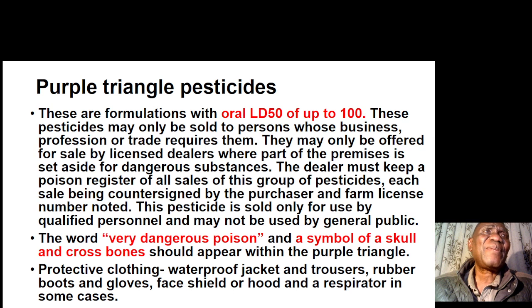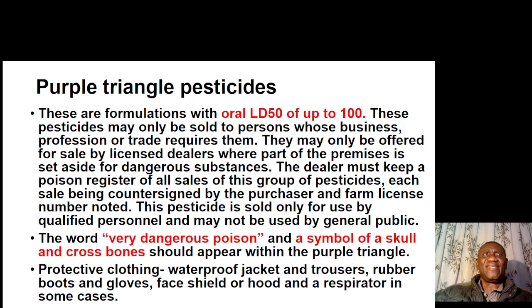Where part of the premises is set aside for dangerous substances, the dealer must keep a poison register of all sales of this group of pesticides, each sale being countersigned by the purchaser and the farm license number noted.